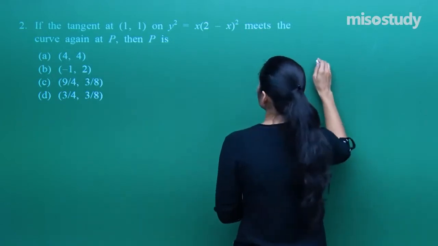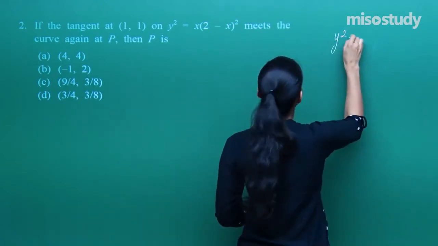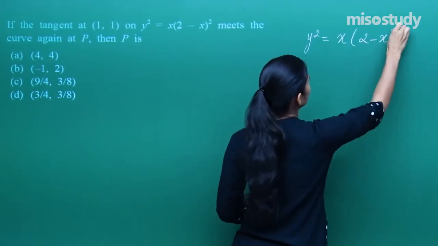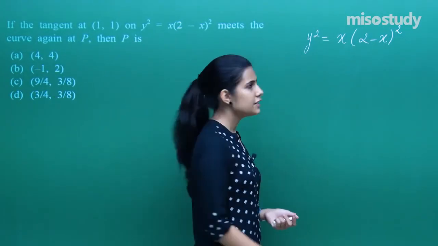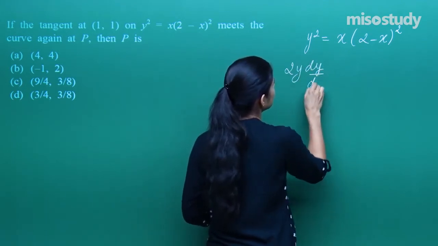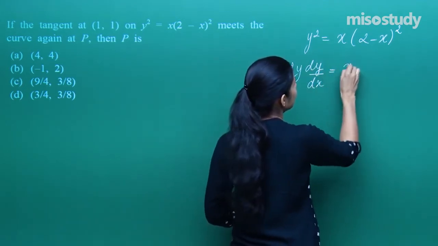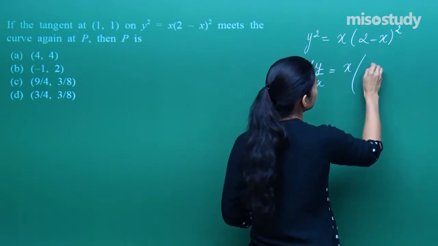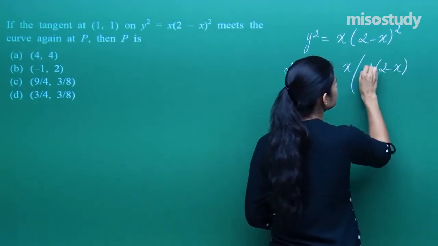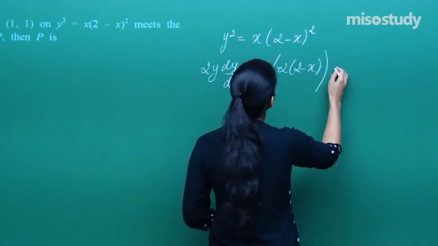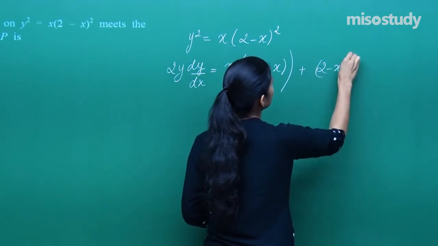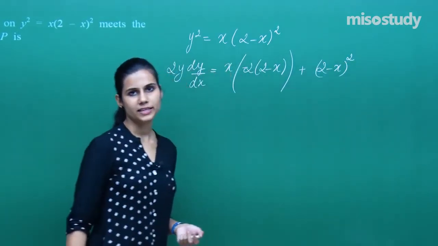Now the curve is y square equals x into 2 minus x whole square. So let's differentiate. I get 2y dy by dx equals x. Now you differentiate this, you get 2 minus x into minus 1 plus 2 minus x whole square into d by dx of x, which is 1.